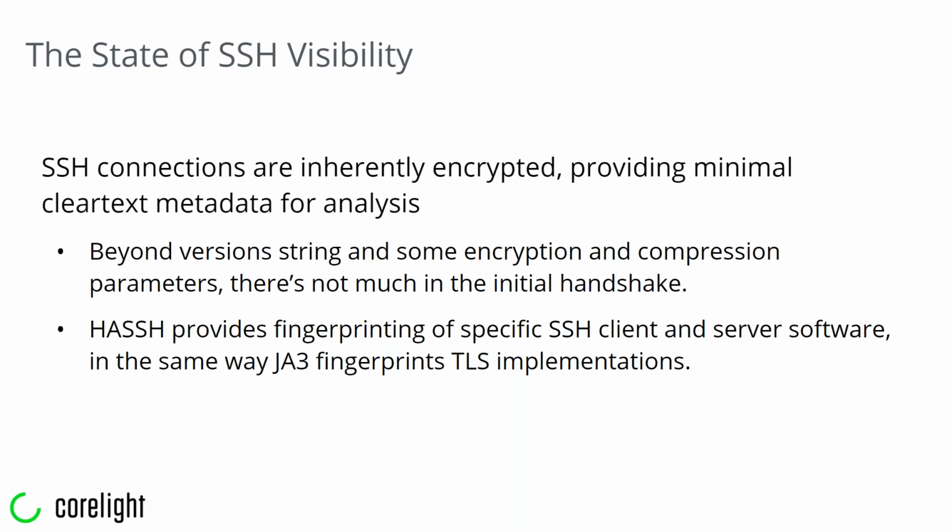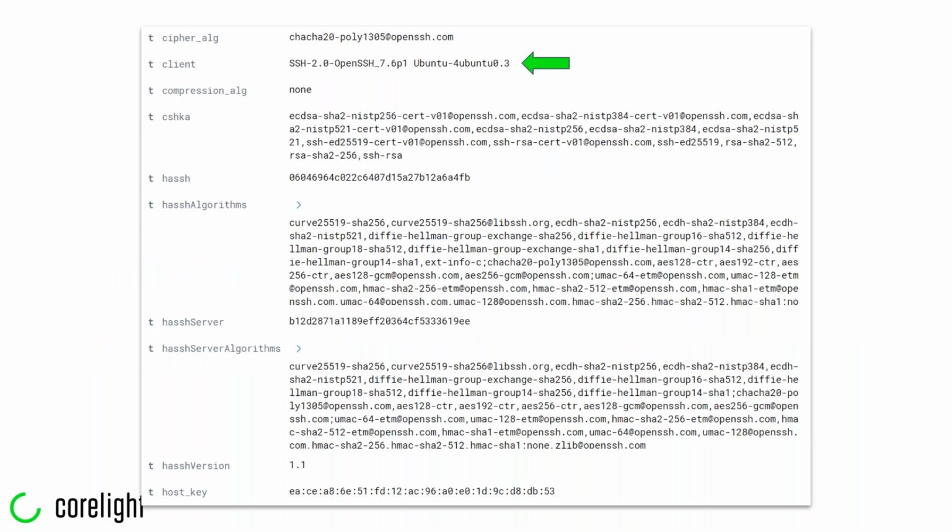That does give us the ability for things like HASSH, very similar to the functionality that we see in JA3, to analyze those parameters and analyze some of the cipher and compression suites to fingerprint specific implementations of SSH. So as a quick example of that, this is existing functionality that you'll see in Zeek logs, or if you're looking with open source Zeek or some of the Corelight version 17, you're already familiar with the client field that you'll see, that clear text string that indicates, in this case here, that I'm using the SSH command on an Ubuntu box.